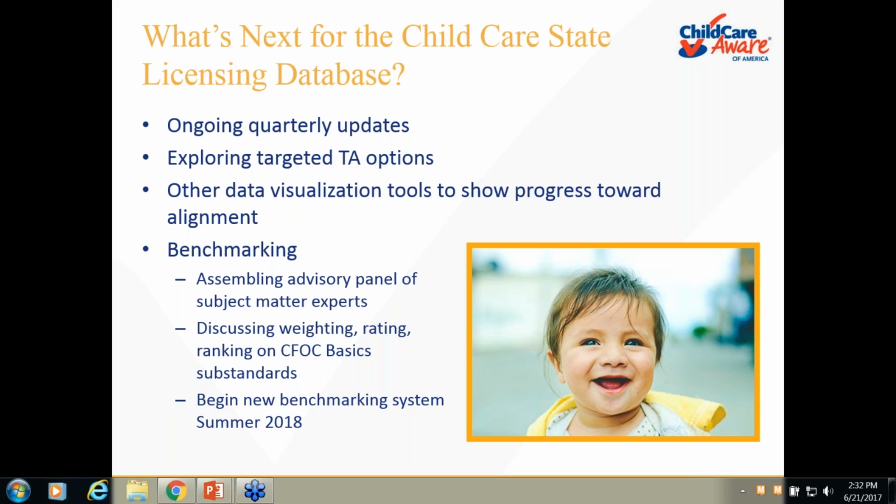So for family child care, it would be the highest quality level of family child care. What we found, and I'm sure what you'll notice as you explore the database yourself, is that there are a whole bunch of does not meet grades across many states and across different standards. So we really wanted to compare the highest level of quality that we could find a licensing manual for to Caring for Our Children Basics, because if they're not meeting at the highest level, then the lower levels are probably also not meeting.